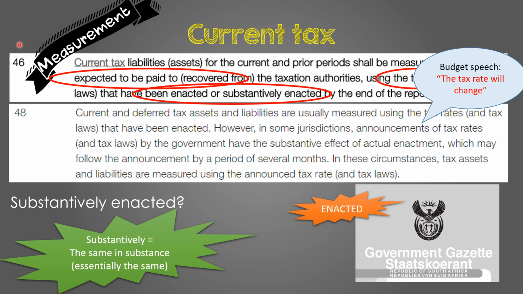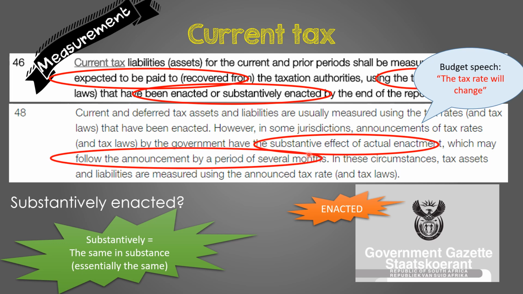So an announcement, for example in the budget speech, where it said that the tax rate will change, might have the substantive effect of actual enactment. So even though it's just been announced in the budget speech, it might substantively be the same as if it has already been enacted, even though the actual enactment will only happen afterwards, after a period of several months.